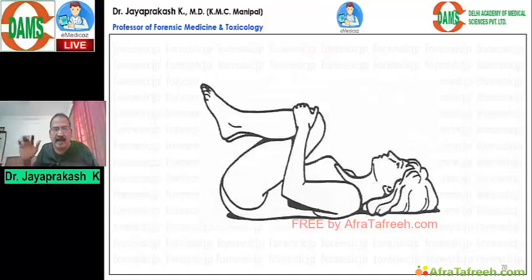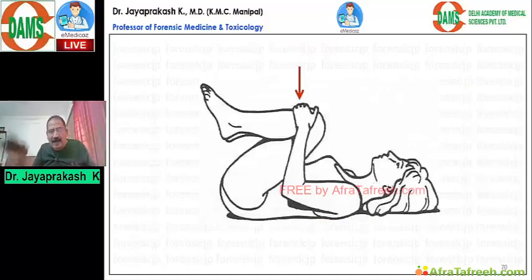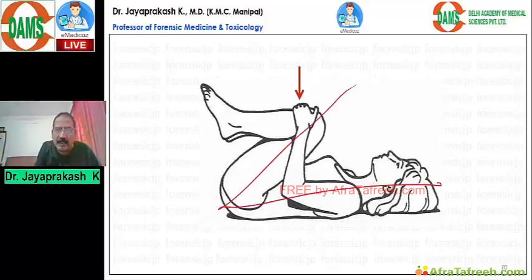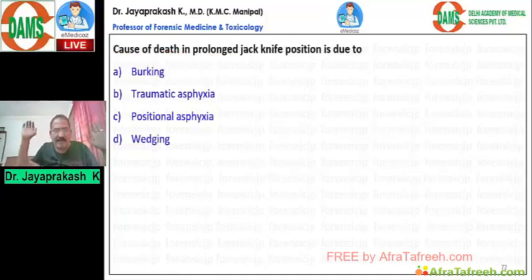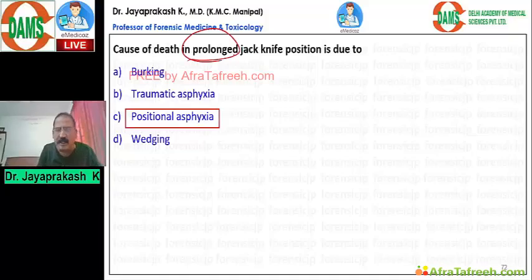At the same time, even if I go and press here forcibly, this is also jackknife position now. Now the female may die of traumatic asphyxia. So the word jackknife position is associated with both. But in surgery it is given because of the prolonged jackknife position. Whenever it is prolonged, your answer should be positional asphyxia.